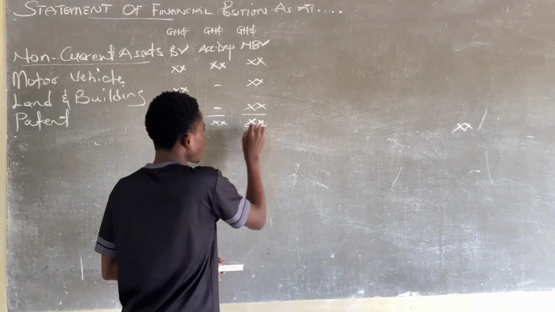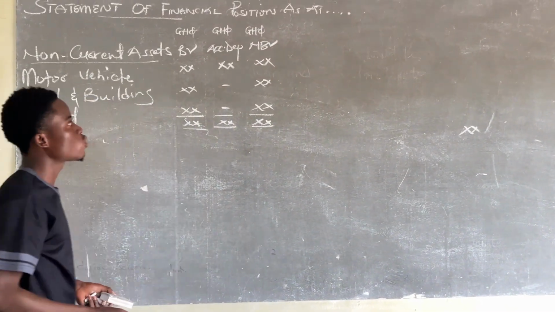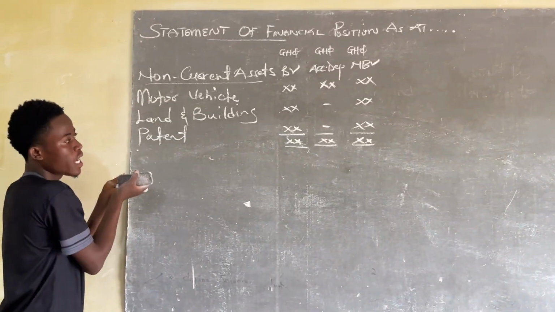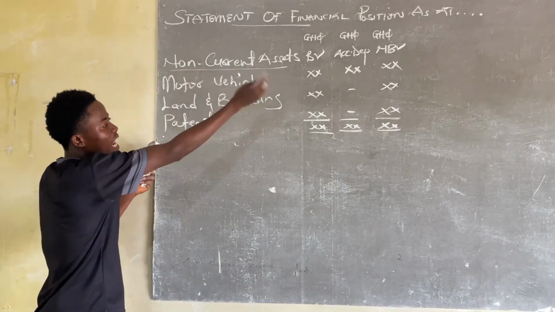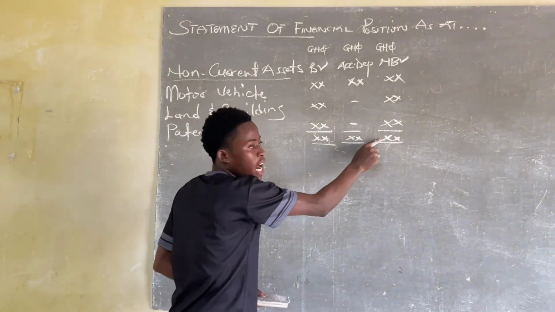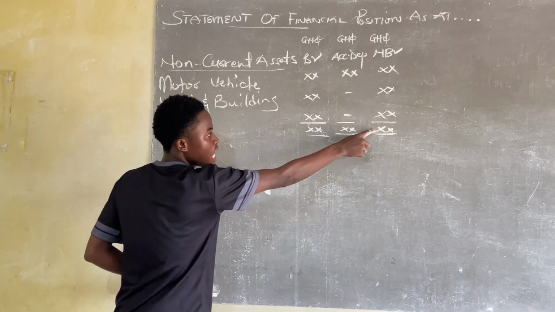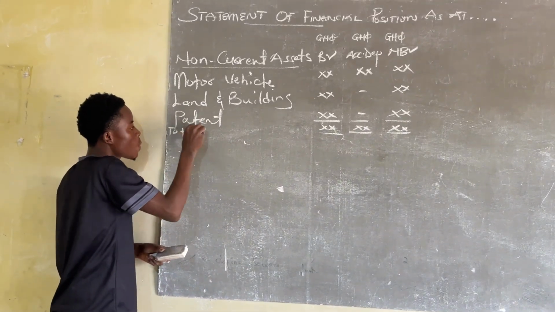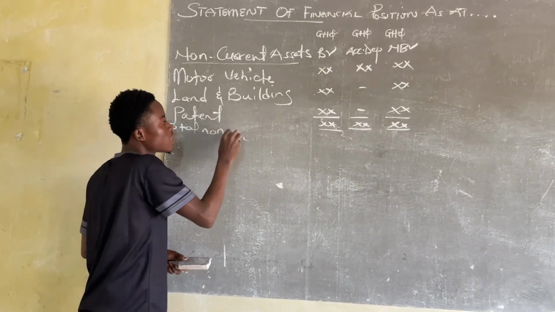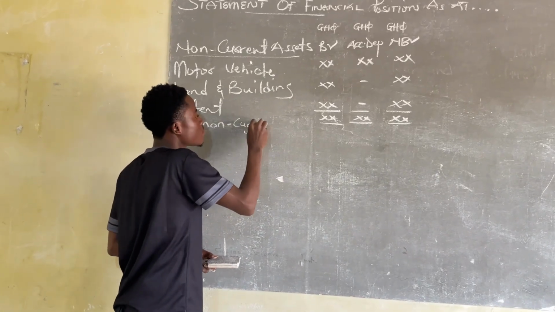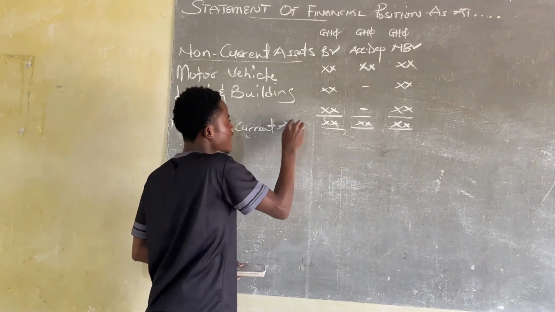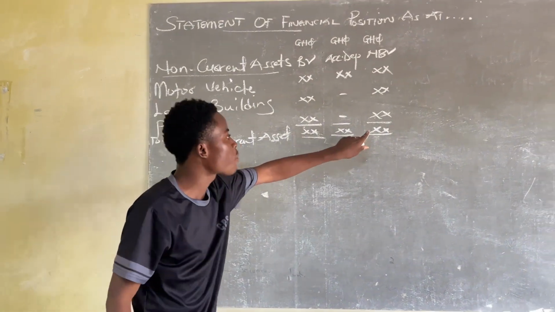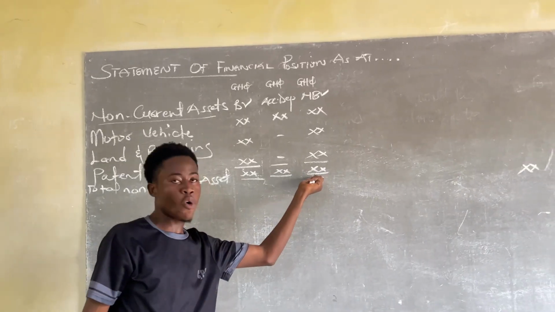So let's say we are done calculating our non-current assets. This final figure that we have here, we term it the total non-current asset.